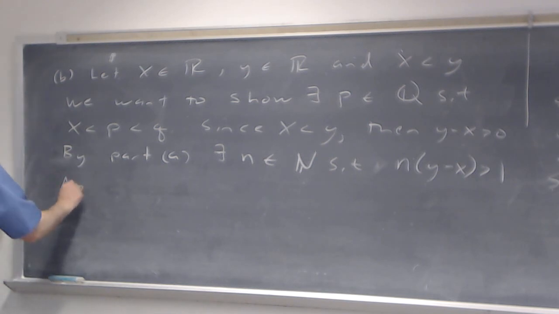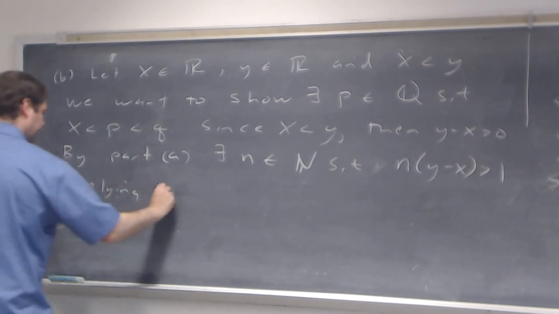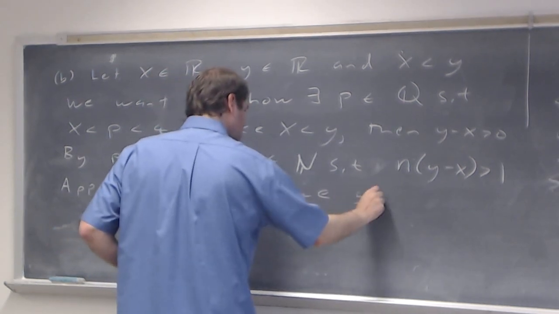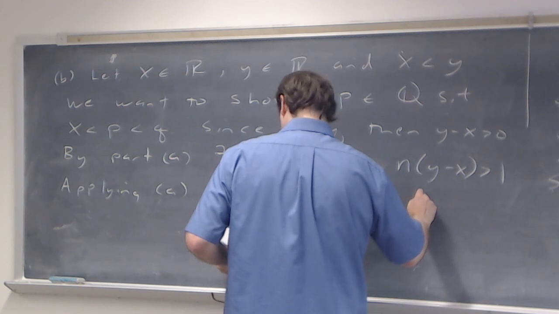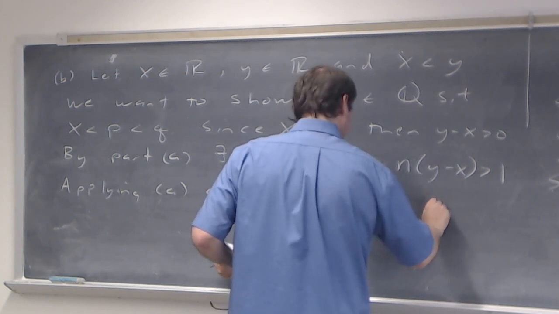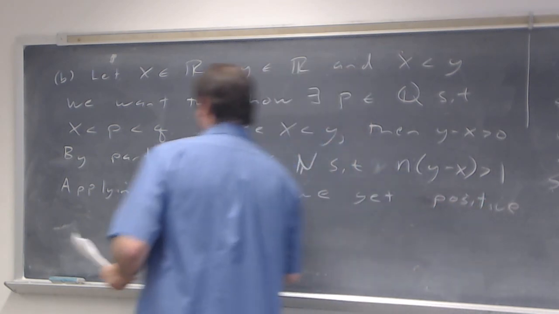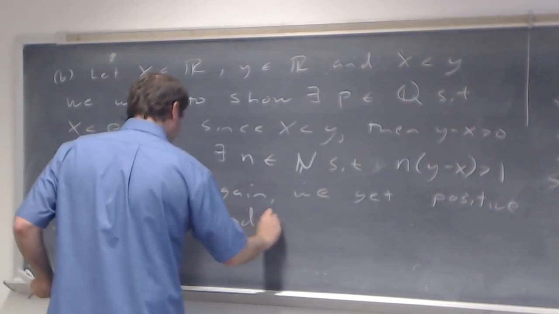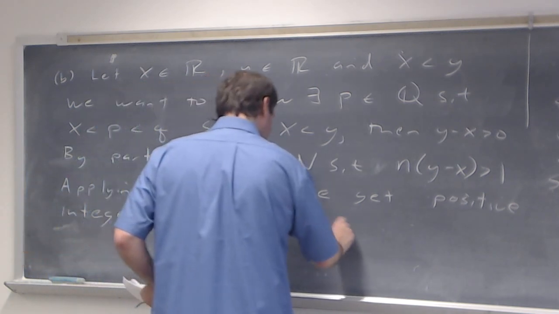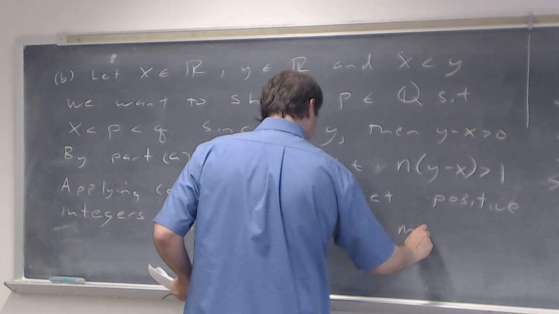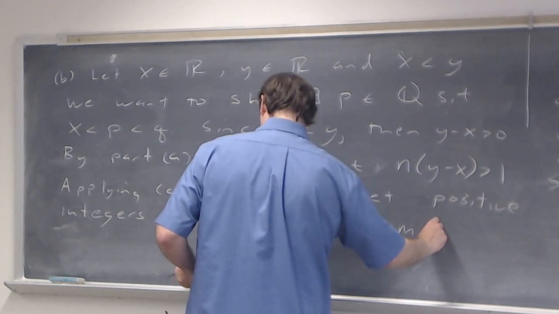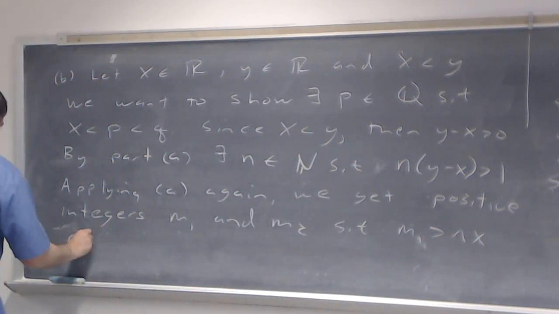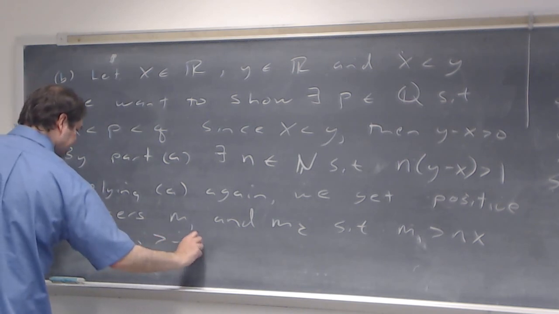So if we apply part A again, okay, we get positive integers M1 and M2 such that M1 is bigger than nx and M2 is bigger than minus nx.